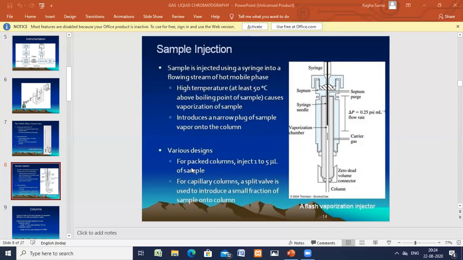For the packed column, inject 1 to 5 microliters of the sample.